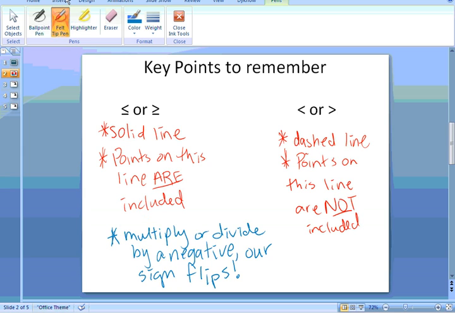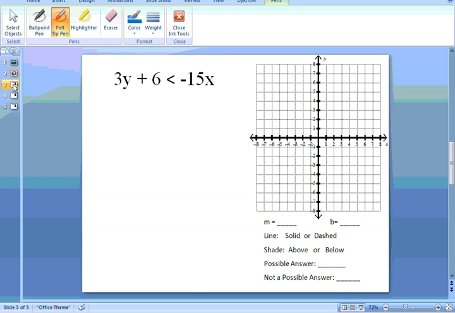Okay, so for our first example, we have 3y plus 6 is less than negative 15x. We want to solve this just like we would if we had an equal sign and put it in slope-intercept form. So the first thing that we need to do to get y by itself is to subtract 6.